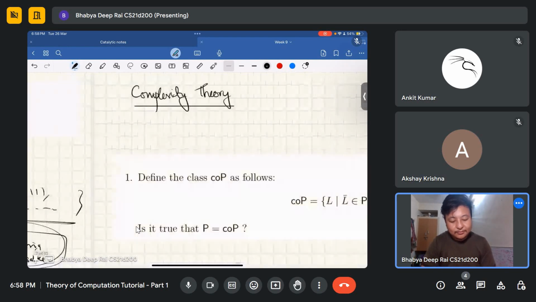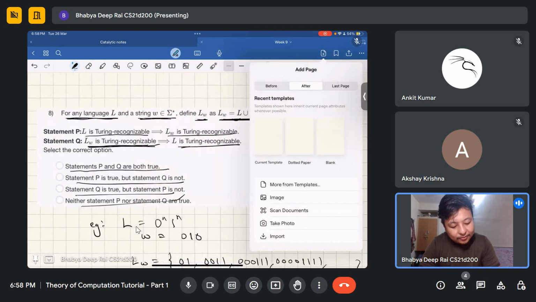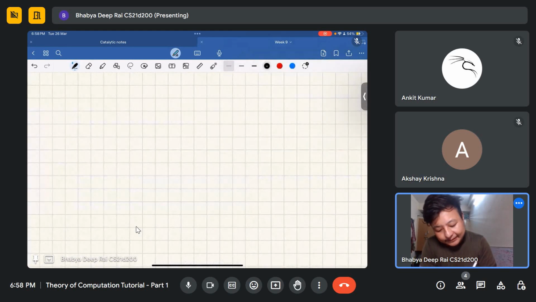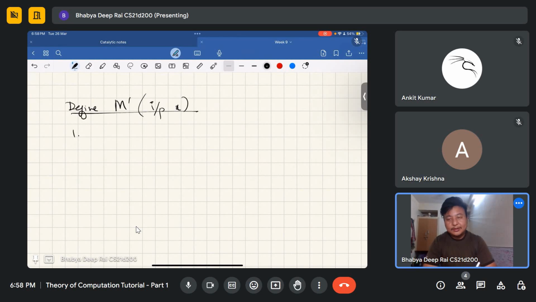Okay, so here is what we want to do. Define M prime as follows on an input X. Oh, sorry, running M on X first is a bad idea.